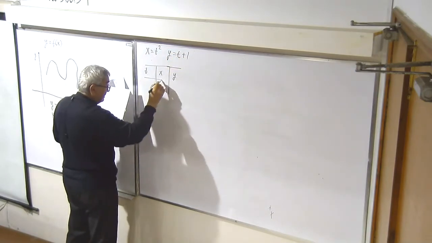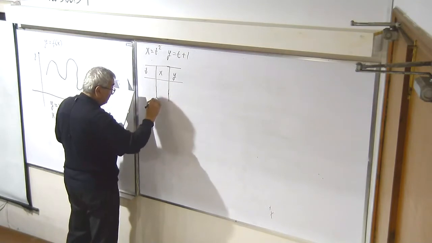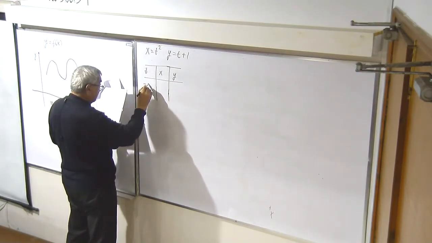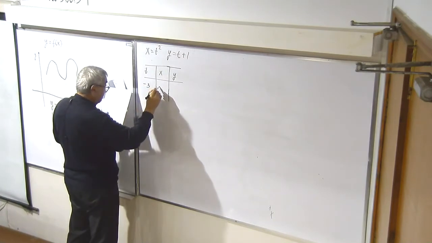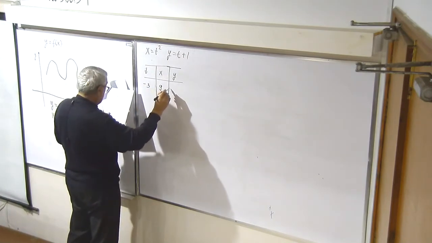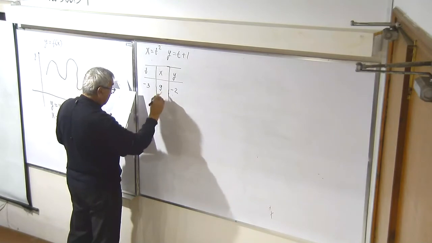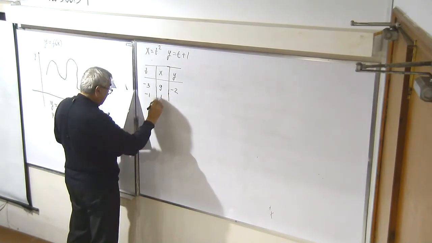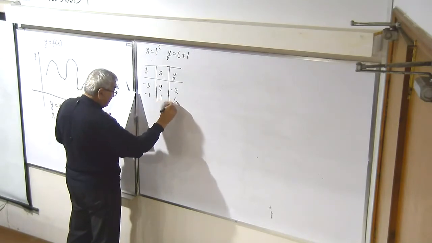We begin to take different values of t. For minus 3, x will be equal to 9. Here will be minus 2. Then minus 1. Here will be 1. And this will be 0.